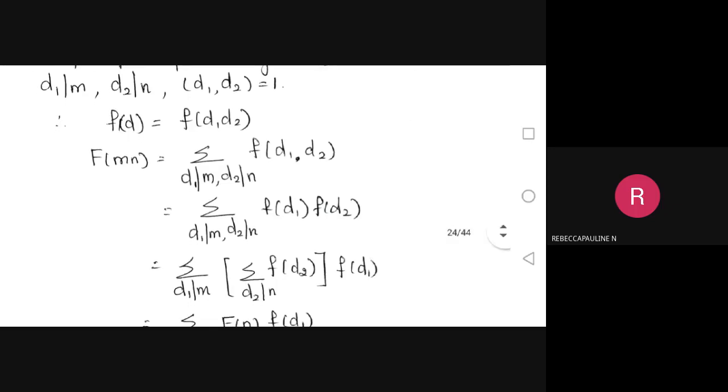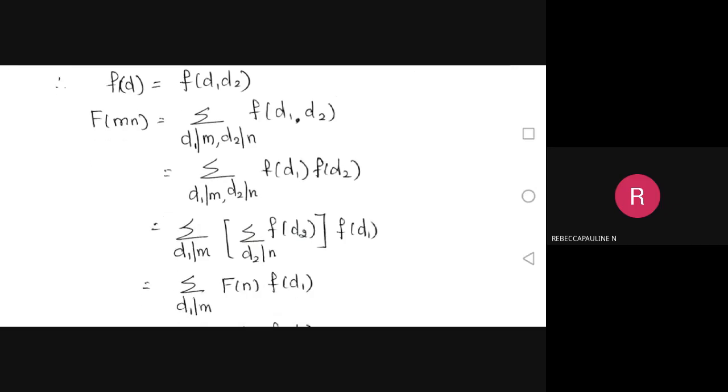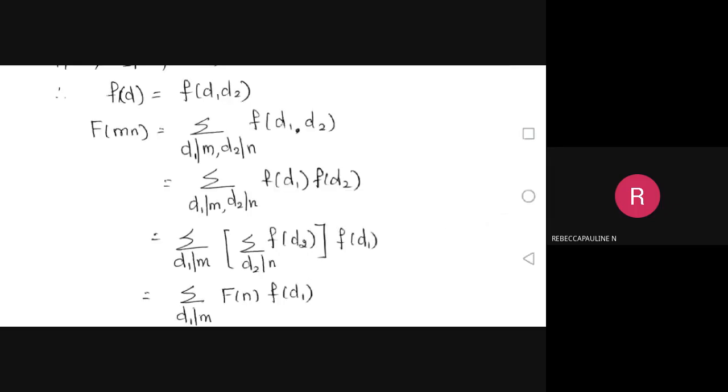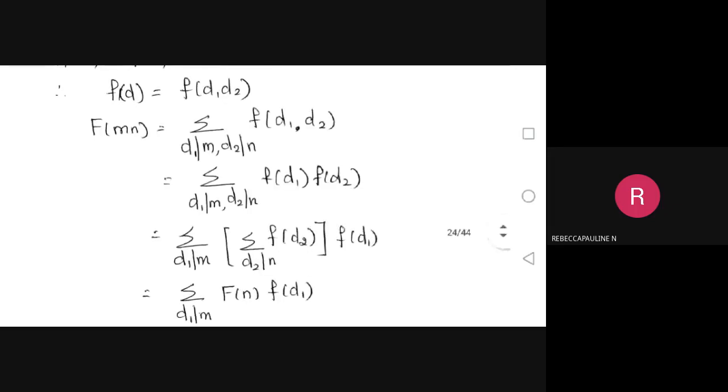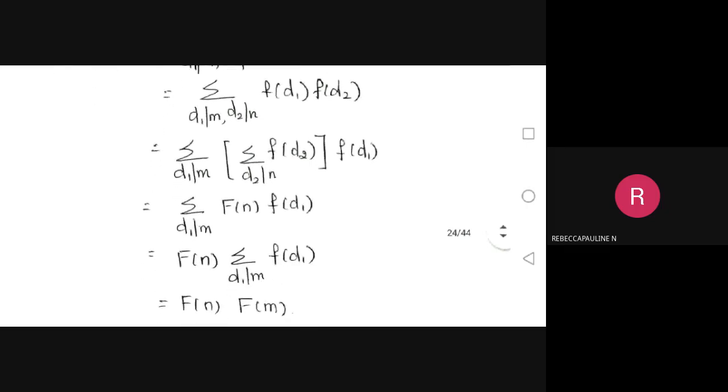The summation d2 divides n f of d2 can be written as capital F of n, and summation d1 divides m f of d1 is capital F of m. So capital F of mn is expressed as capital F of m into capital F of n. This implies that capital F is a multiplicative function.